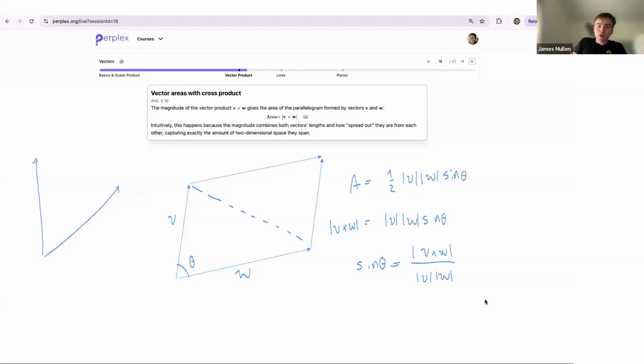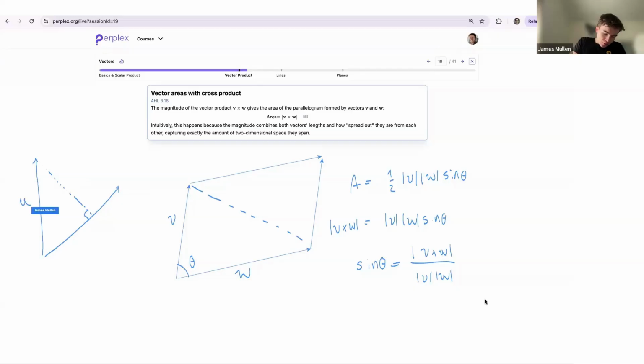If I take the scalar product of these two, it's basically going to tell me what the length is if I project one of these onto the other. If I were to take the shadow of one of the vectors onto the other, what would that length be, right?